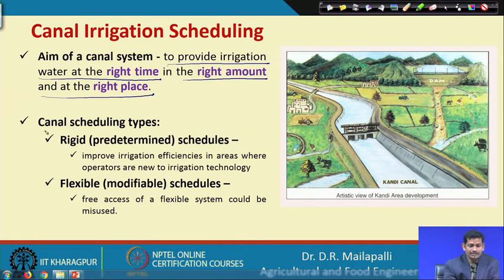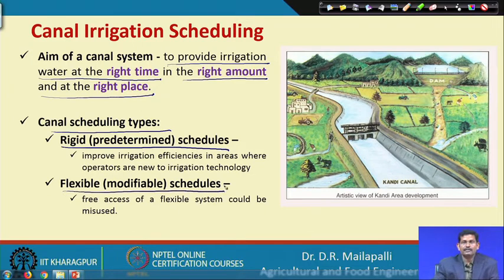Canal scheduling types, that is, how to release water at the canal level, are rigid schedules and flexible schedules. Rigid means the time is fixed for a particular season. We will give water in this particular month or on this particular day or this particular hour.